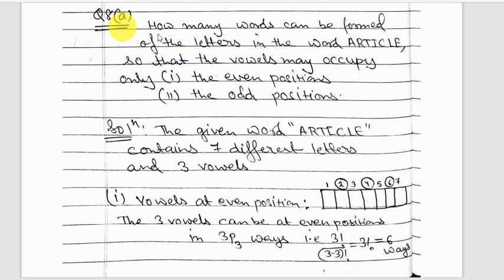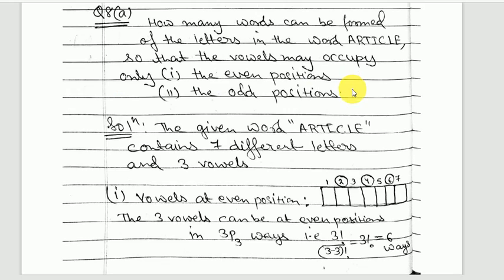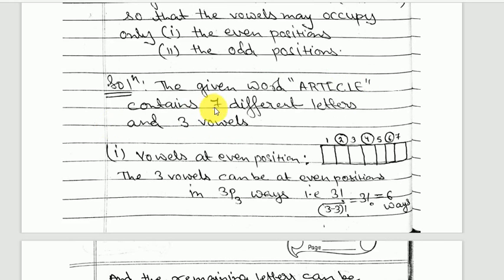Question 8a. How many words can be formed of the letters in the word ARTICLE so that the vowels may occupy only number one, the even positions, number two, the odd positions? Here the given word ARTICLE has got seven different letters, and out of those, three are vowels.